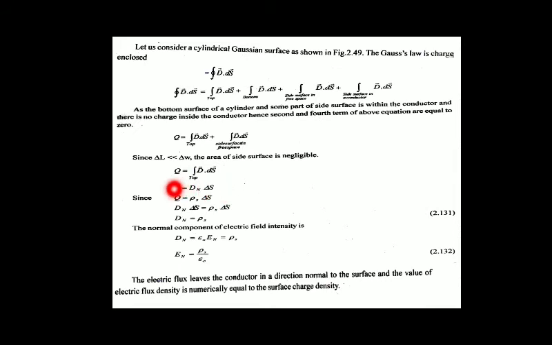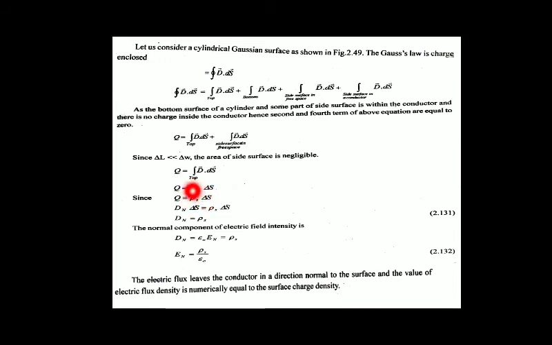So Q equals Dn, the normal component of the electric flux density, times del S. And Q, the charge, equals rho s del S, where rho s is the surface charge density.